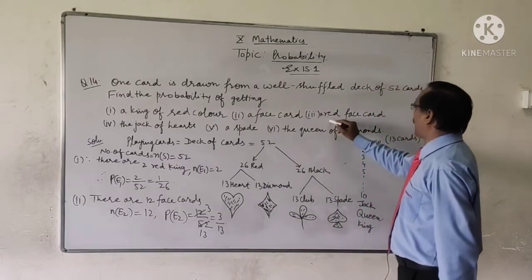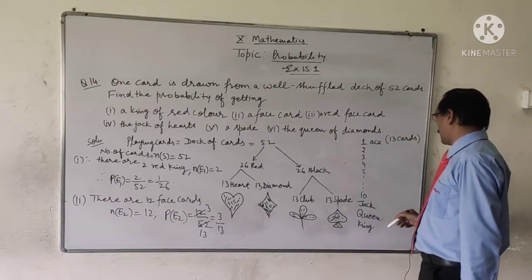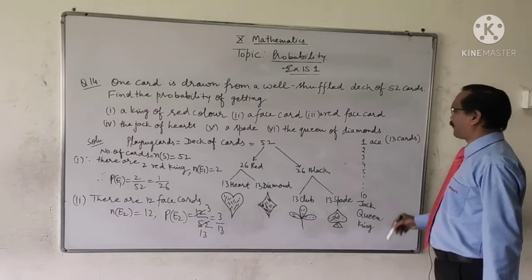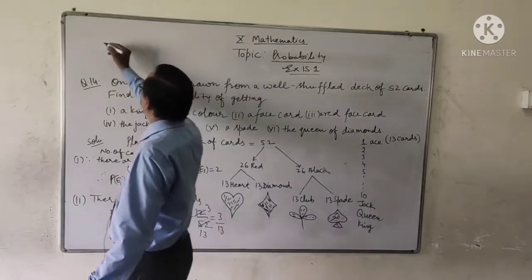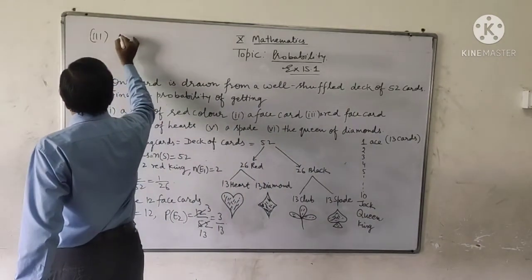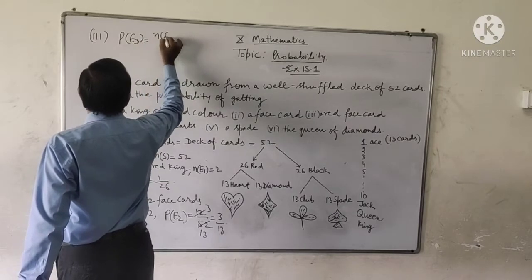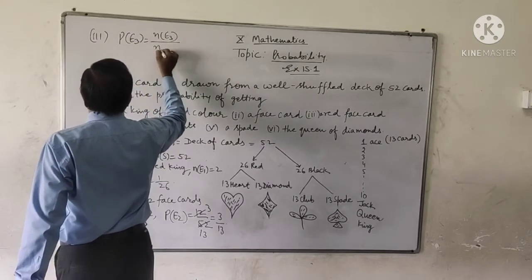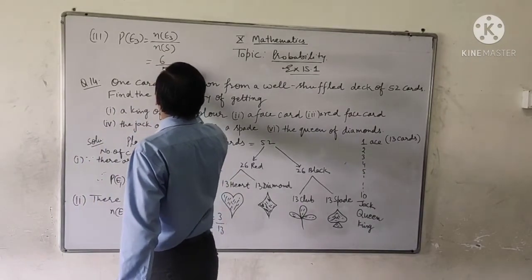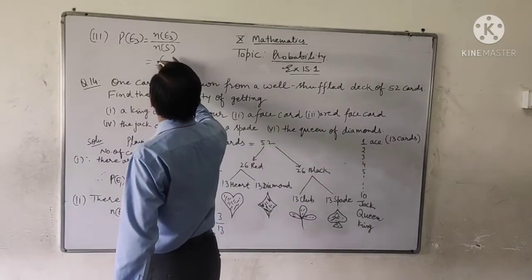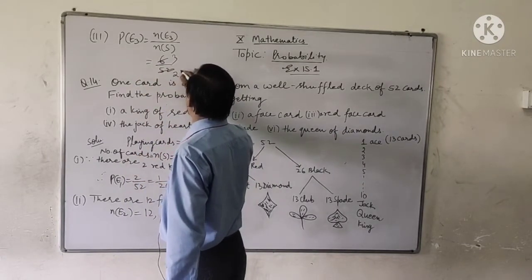Next is the red face card. How many red face cards are there? There are 6 red face cards. So probability for the third case will be P(E3) equals n(E3) divided by n(S). n(E3) is 6 and there is 52, and it is cancelled by 2. 2 threes are 6 and 2 twenty-sixes are 52.